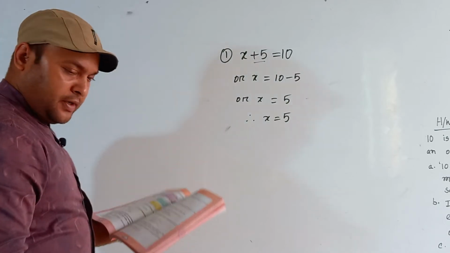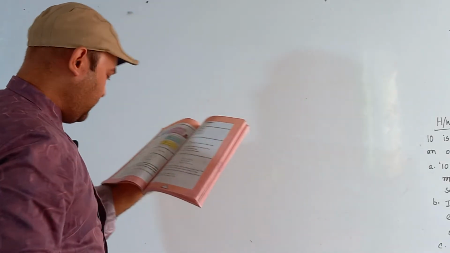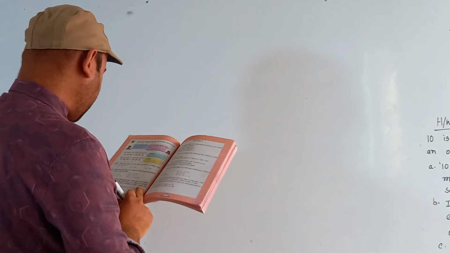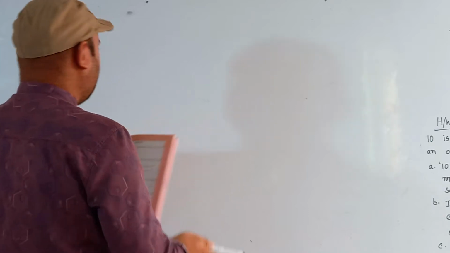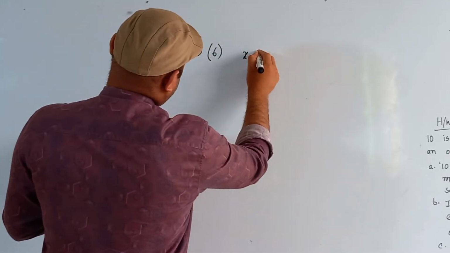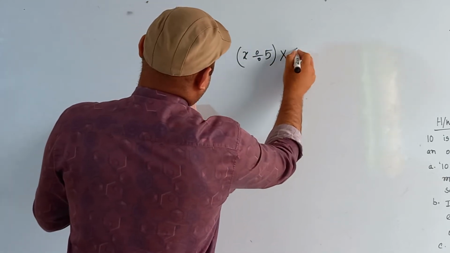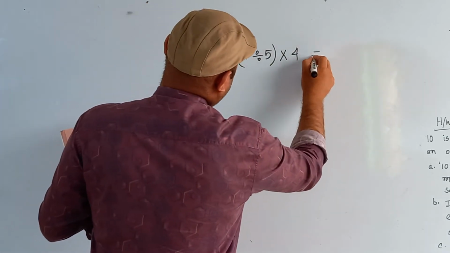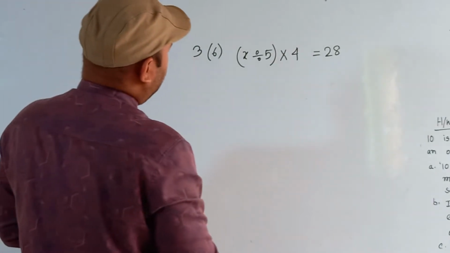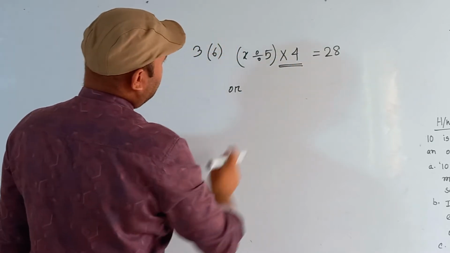Now, go to page number 24 and here is question number 3. Determine the value of x so that the following mathematical sentence becomes true. Question number 3, and here is sub number 6, which is x divided by 5 multiplied by 4 is equal to 28. Look here, here 4 is in multiplied form.